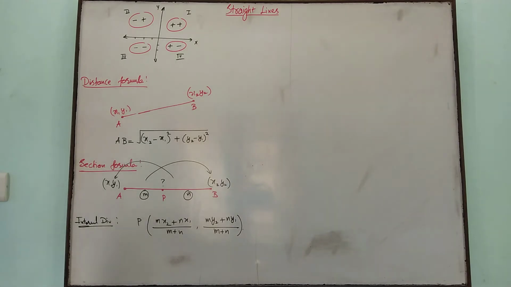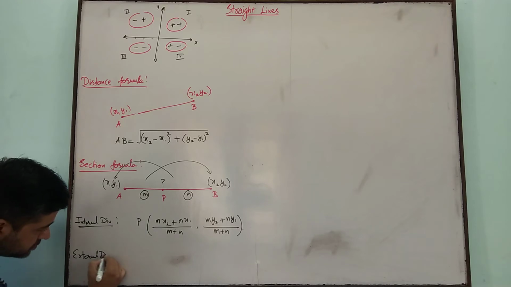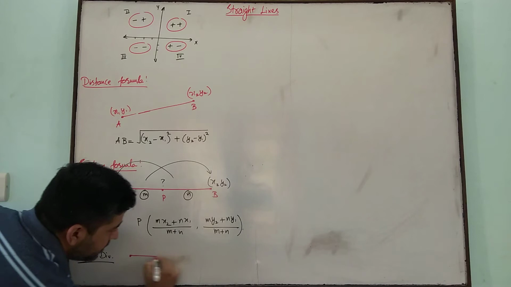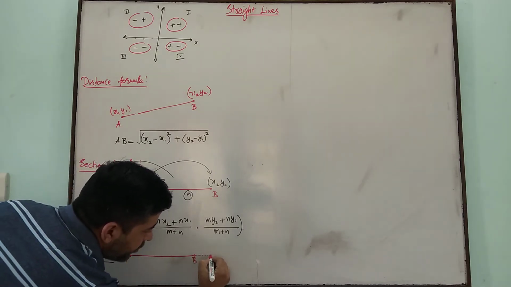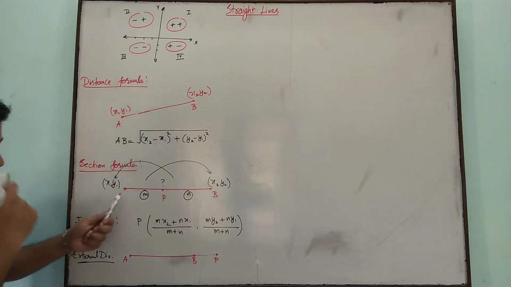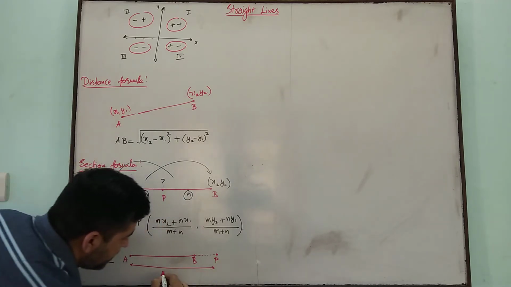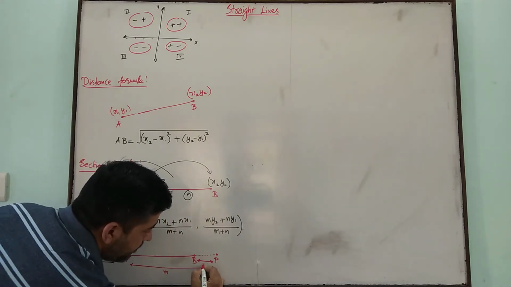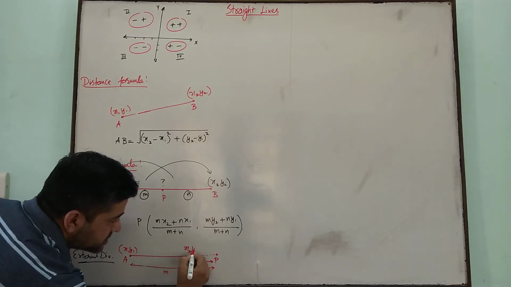And if this division will be external division, external division will be like A, B and P point will be external outside this A and B, and this ratio is AP is m and BP will be n, and A and B are given x1, y1, x2, y2.